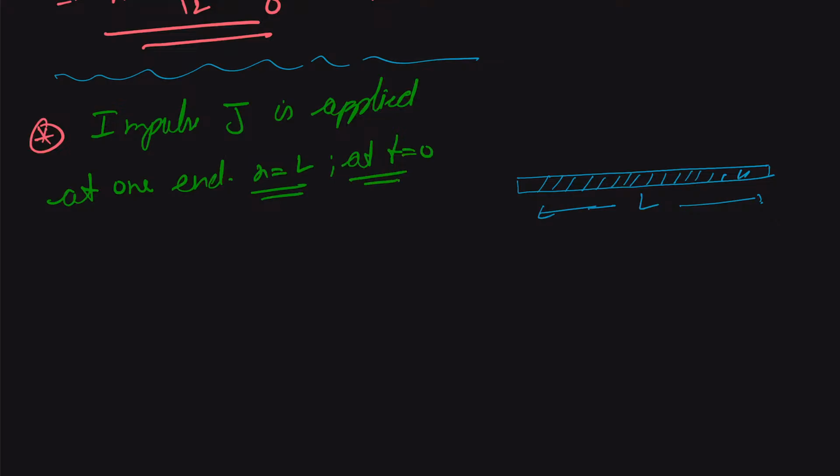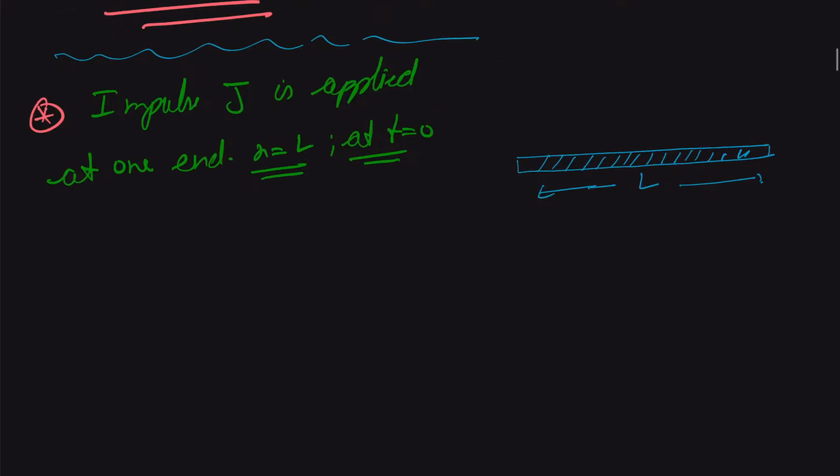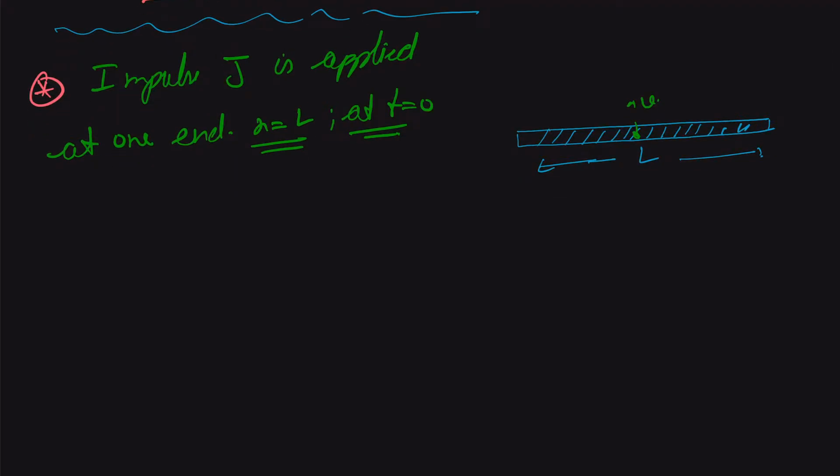It means we can write our center of mass velocity. So v is the velocity of center of mass. So we can write that our velocity of center of mass, that is v, is equal to J upon m.